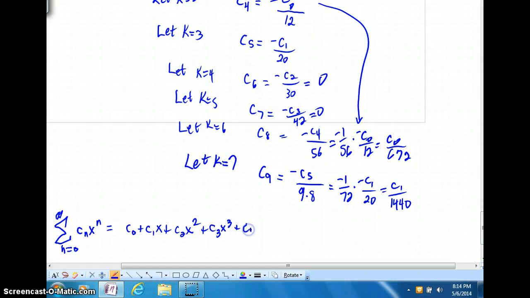And we're going to continue to work this out. c sub 4 x to the 4th, c sub 5 x to the 5th. I'm writing a whole bunch of these out. You can see we're getting quite a bit here.